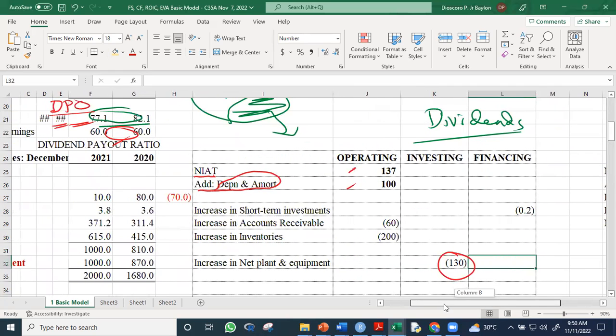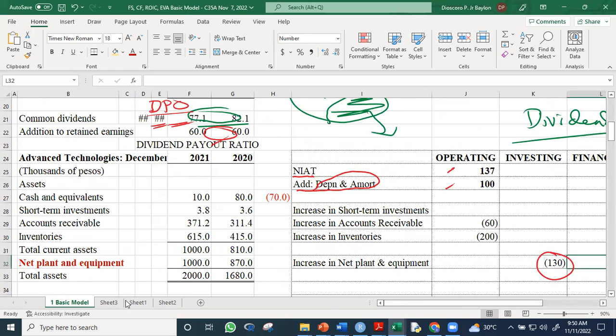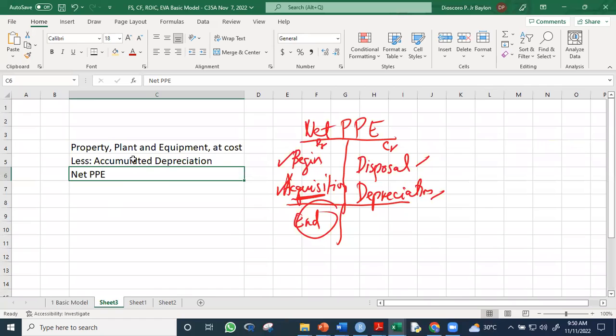But I said that if we're using net plant and equipment, we should be careful. If this was property, plant, and equipment at cost, then whatever difference here would be the correct value. But since net plant and equipment is adjusted by depreciation, let me show you again.